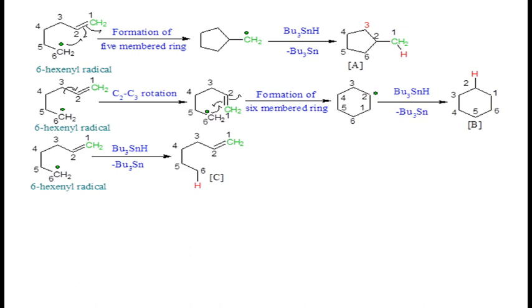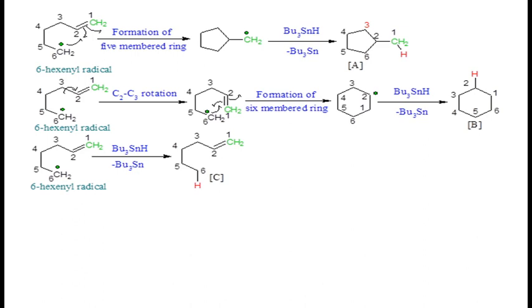So methylcyclopentane is the major product in this reaction rather than cyclohexane. Its quantity is around 85%. 85% of the product mixture is methylcyclopentane.